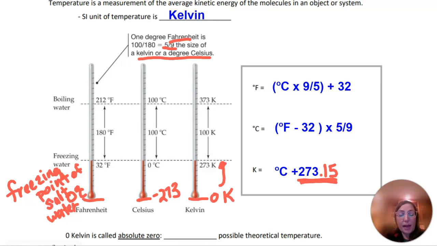And then he meant to have his 100-degree point at body temperature. But apparently he used the body temperature of his wife, and so she must have had a little bit of a fever or something. Instead, body temperature ended up at 98.6, a little bit below 100.